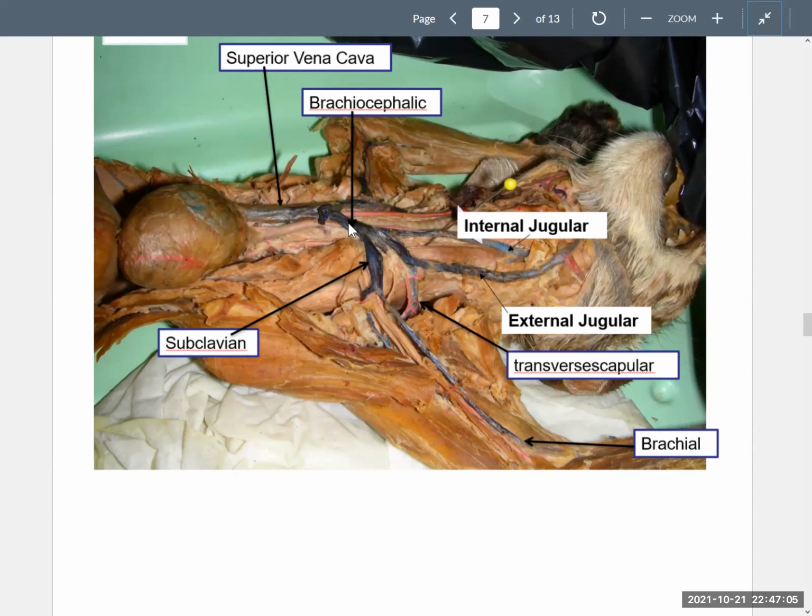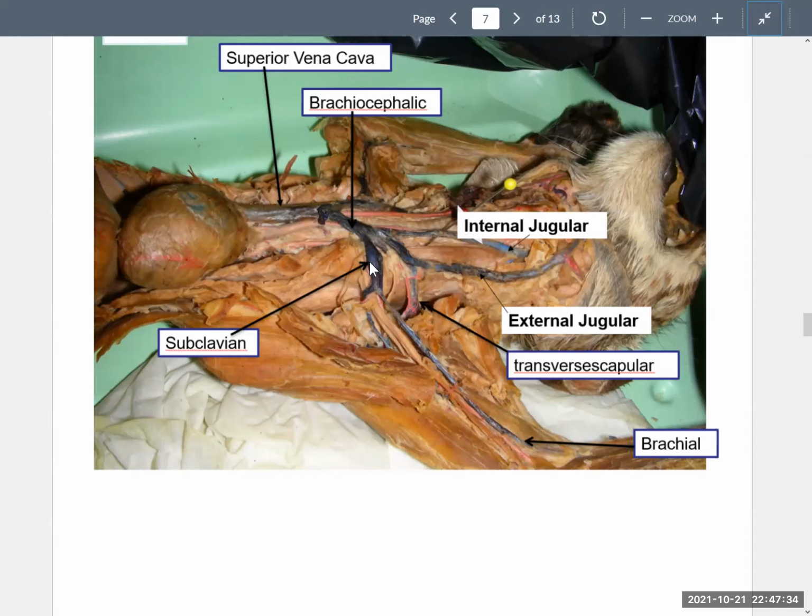Here's the brachiocephalic. If we go straight up here, the long root, this is the external jugular. A little farther up, here's the transverse scapular going downward, as I said it would.